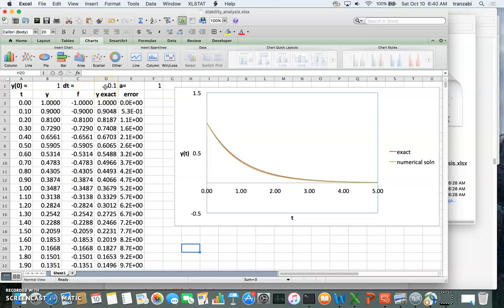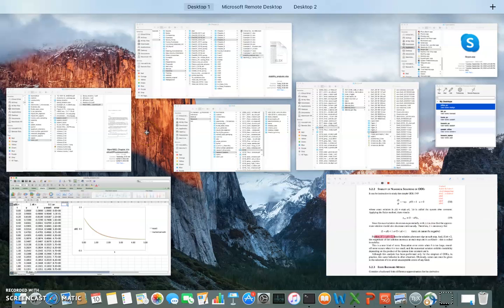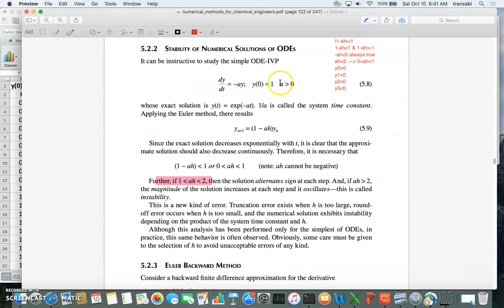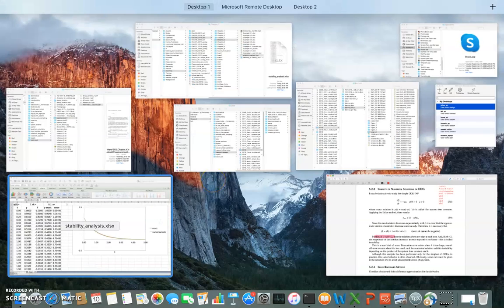My dt is 0.1 and I set a equal to 1. So this is basically the a, and the h is our dt. The point is to show that where AH is between 1 and 2, we get an oscillatory solution, and if it's less than 1 and bigger than 0, we get a stable solution.